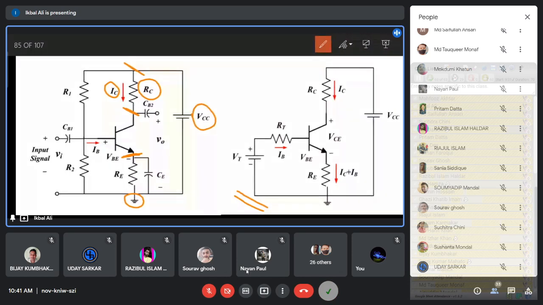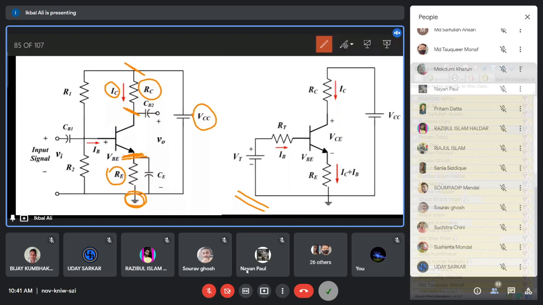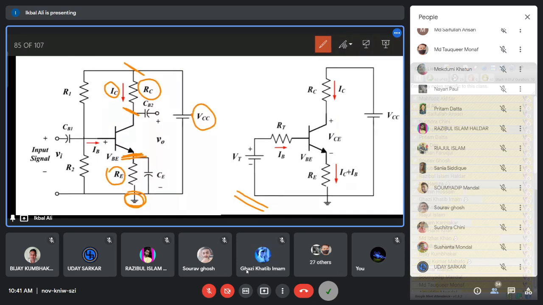If you connect a resistance, which is called the emitter resistance RE, between the emitter and the ground, then this emitter resistance actually makes the circuit more stable. We will discuss this one.